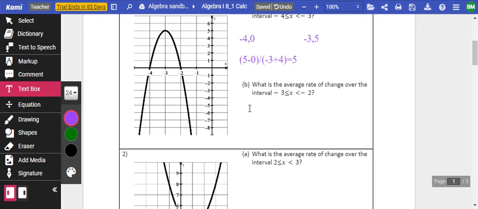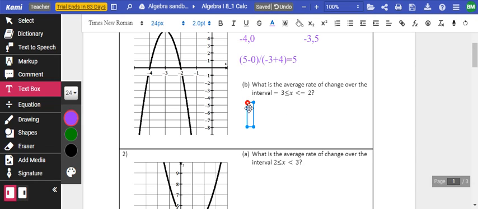So we'll just do another one so I can show you what's happening. I'll probably just do one more. And then I'll do one where we don't have a graph. Okay, so if we look up -3, the y value at -3 is 5 still. But the y value at -2 is 0. And then we're just doing slope.